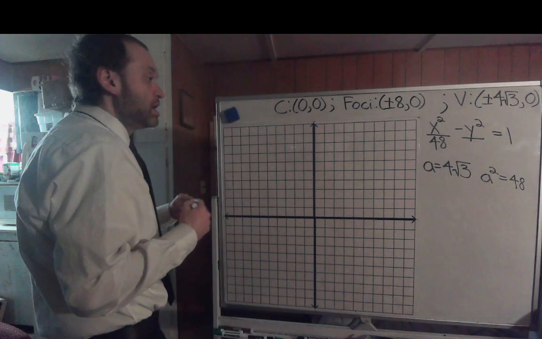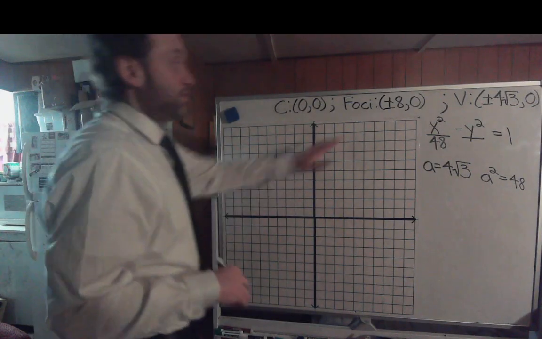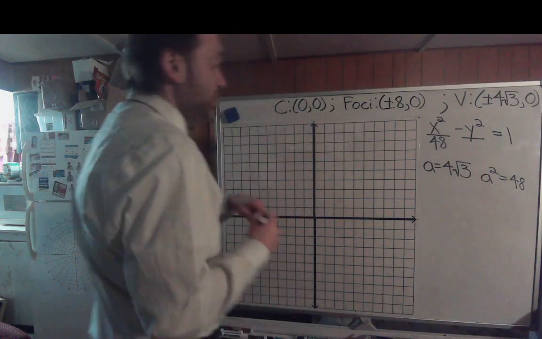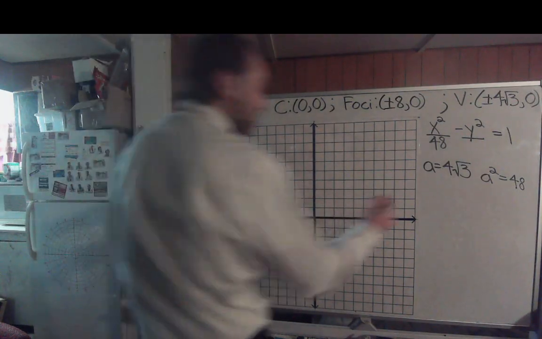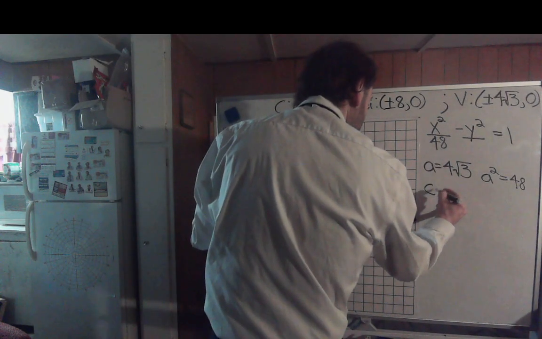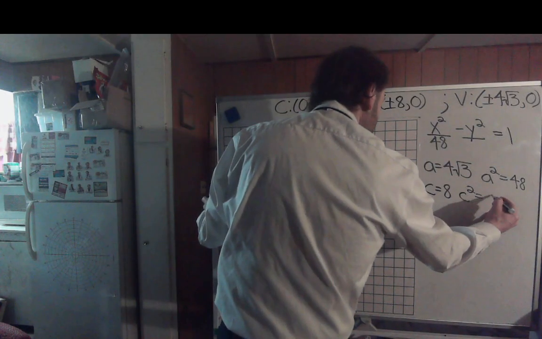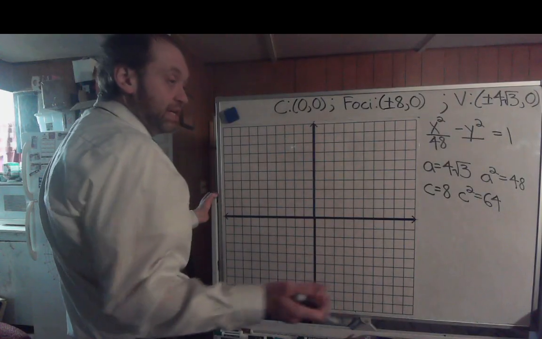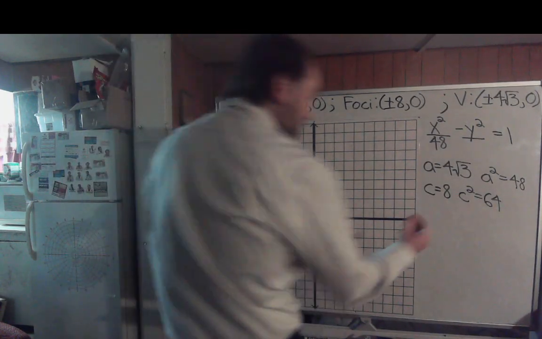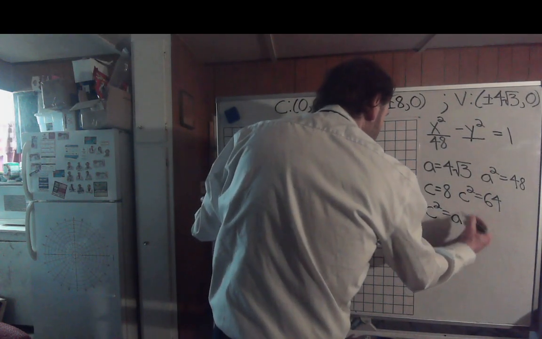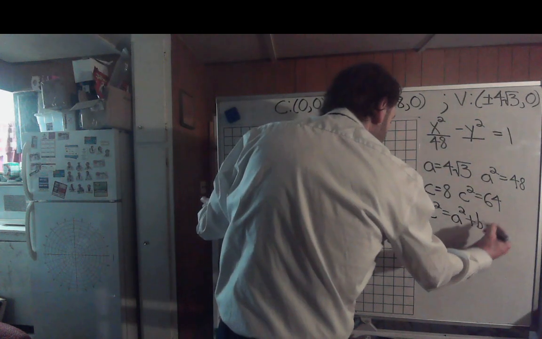Now, what else do we know? We know the foci, plus and minus 8, 0, that's a change of 8 units in each direction from the center. So your C equals 8, which means C squared equals 64. We don't know our B squared yet, but we can solve for that if we use the formula that C squared equals A squared plus B squared.